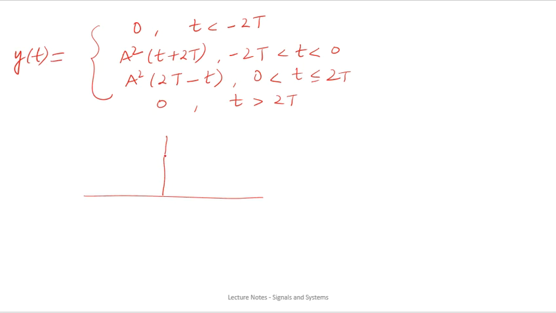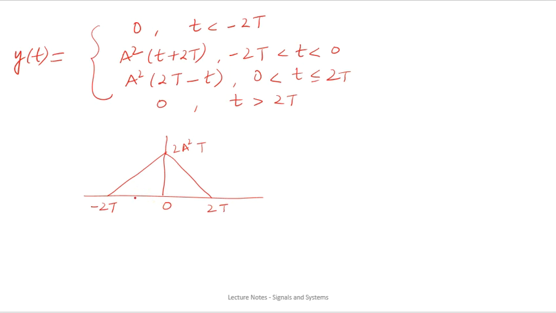If you plot this signal, the waveform will generally look like a triangular signal. The amplitude will be 2T times A squared, from minus 2T to 2T.